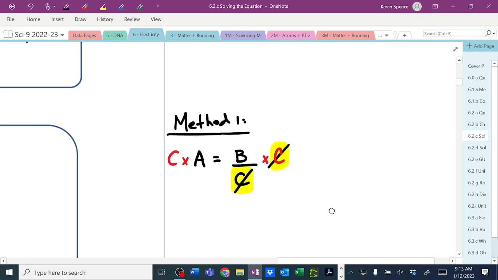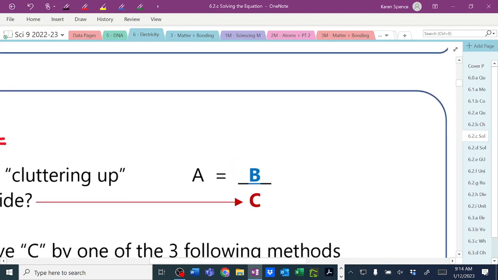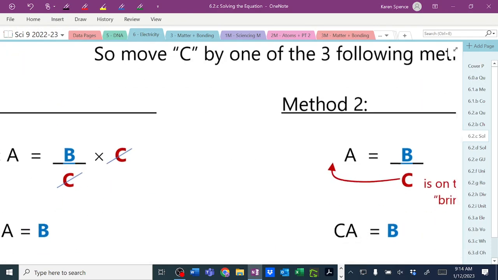So now we could just simply write this as C times A is equal to B. Yes? What was the third thing we wanted to do? We now have B by itself. No, it's actually right here.